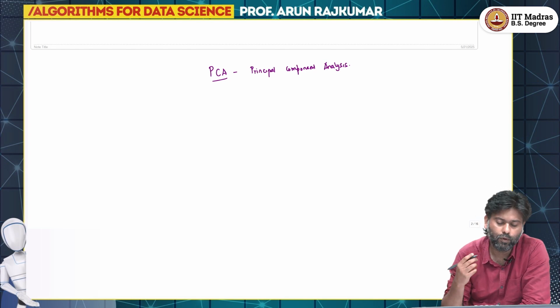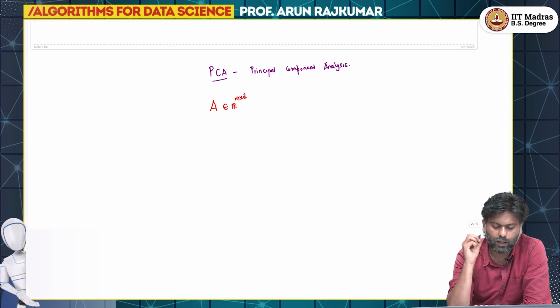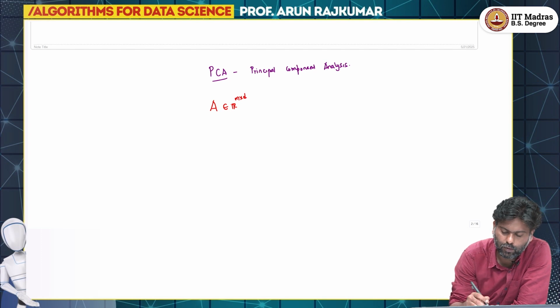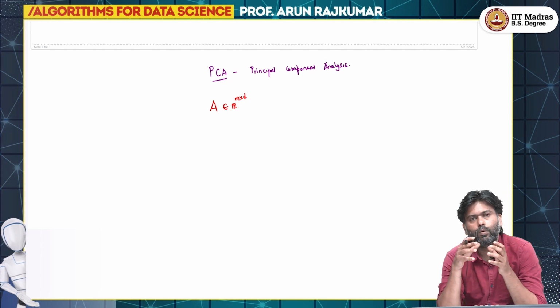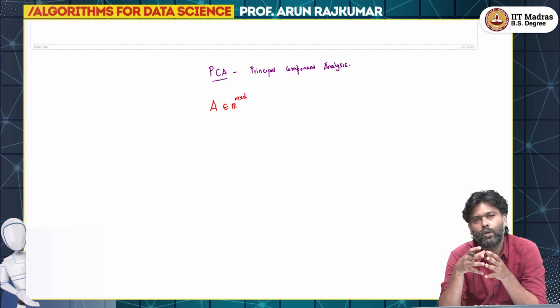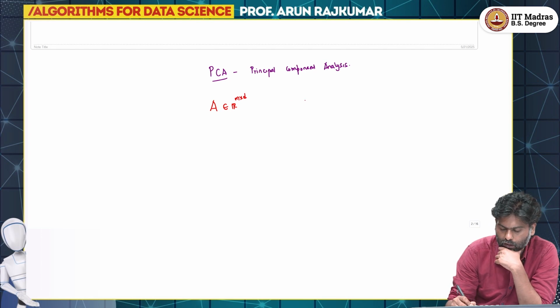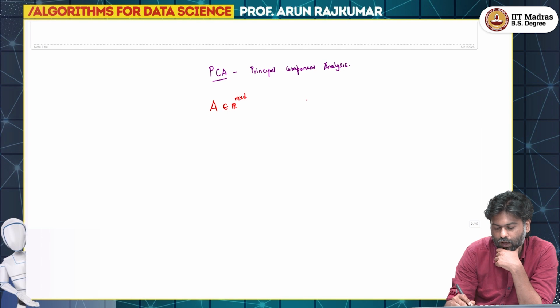So if you remember PCA, what would happen in PCA is you are given this A, which is M cross D, a rectangular matrix, of course. What you first do is compute what is called the covariance matrix of A, which would be a D cross D matrix, because there are D features.